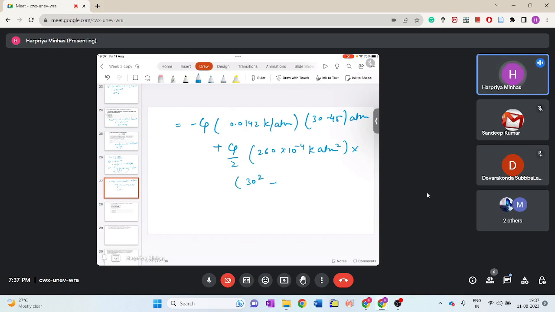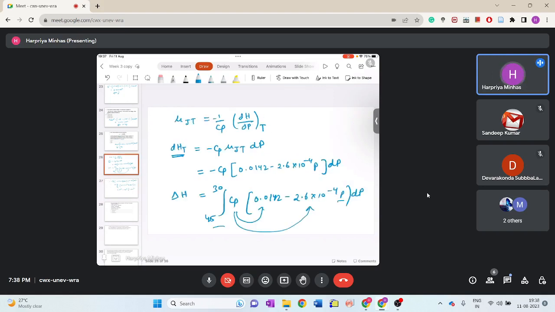After you integrate it, it will be division by 2, and it will become p square. Putting the value to the p square, that is initial minus final, that is 30 square minus 45 square, that it will become atm square. So this is your pressure.